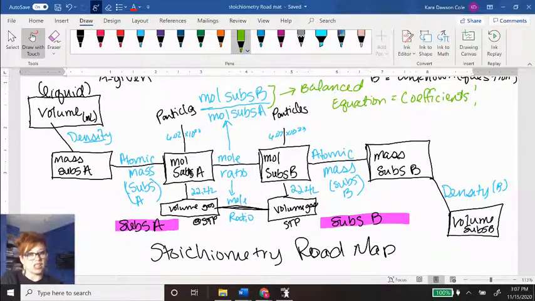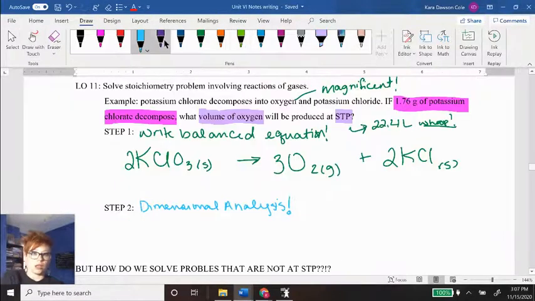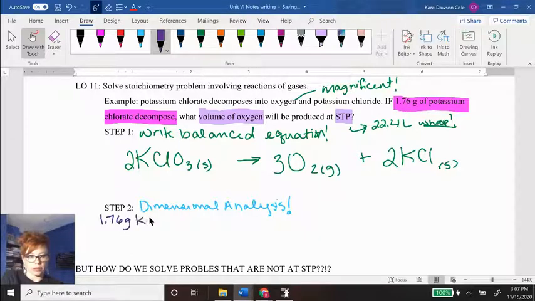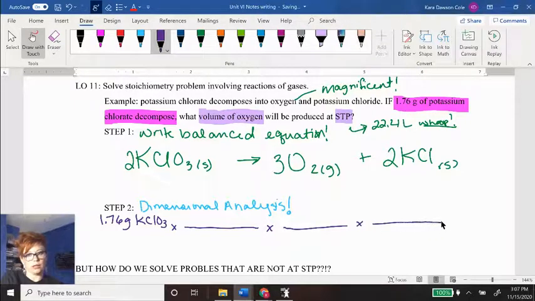So we have 3 roads to go through. Let's set up our problem. We have 1.76 grams of KClO3 times 1 road, times 2 roads, times 3 roads.